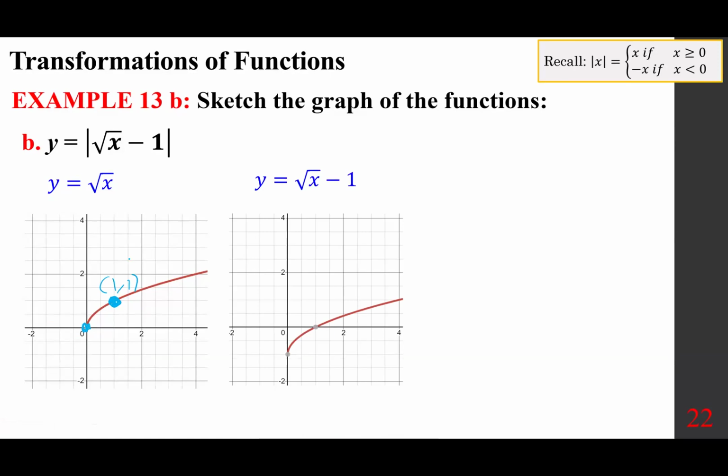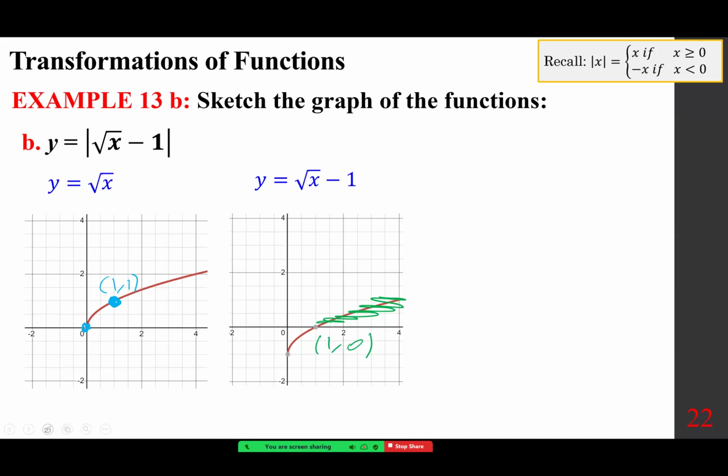Now what I want you to pay attention to is this. This portion with the green is, and by the way, 1, 1 has changed. 1, 1 now has coordinates 1, 0, right? Because we went down. The green portion remains the same, it is above the x-axis.